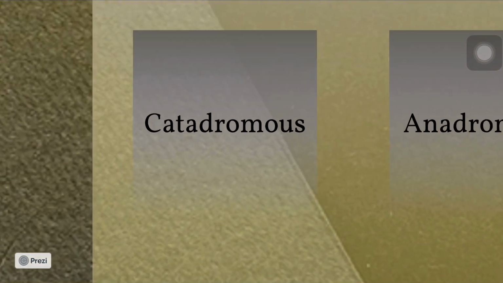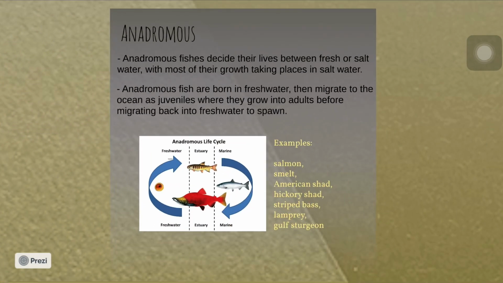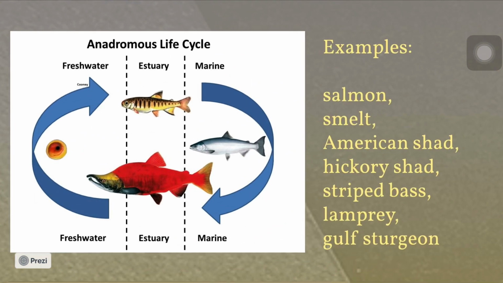Next is anadromous. Anadromous fishes divide their lives between fresh and salt water, with most of their growth taking place in salt water. Anadromous fish are born in fresh water, then migrate to the ocean as juveniles, where they grow into adults before migrating back into freshwater to spawn. Examples of anadromous fish are salmon, smelt, American shad, hickory shad, striped bass, lamprey, and Gulf sturgeon.